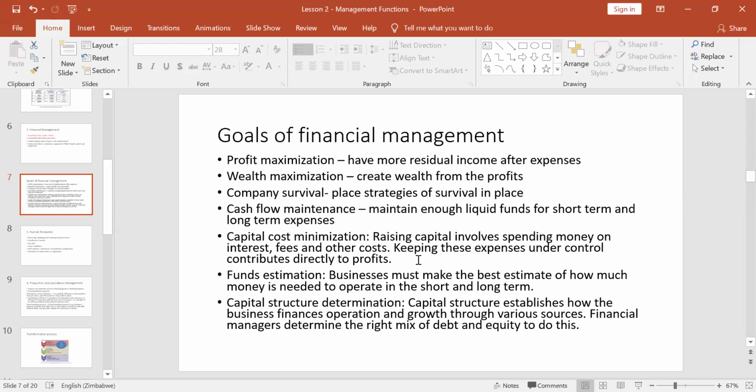If you are the finance manager and you are not firm, you can find yourself losing out or failing when it comes to capital cost minimization. If you just say everyone who requests for anything, you give them, then you can find yourself in serious trouble.